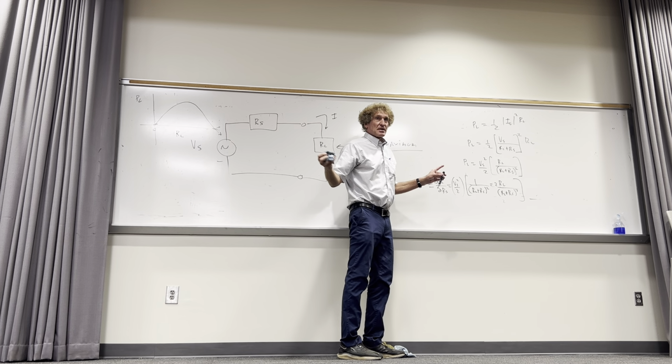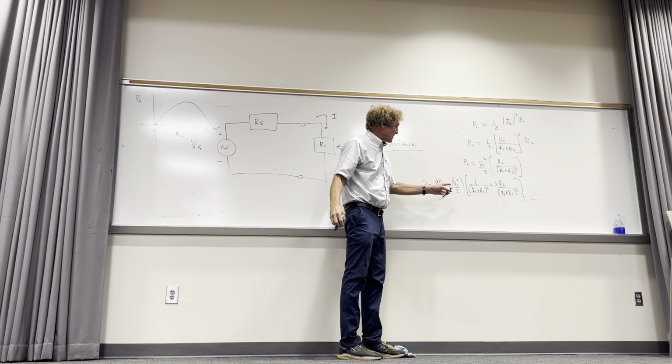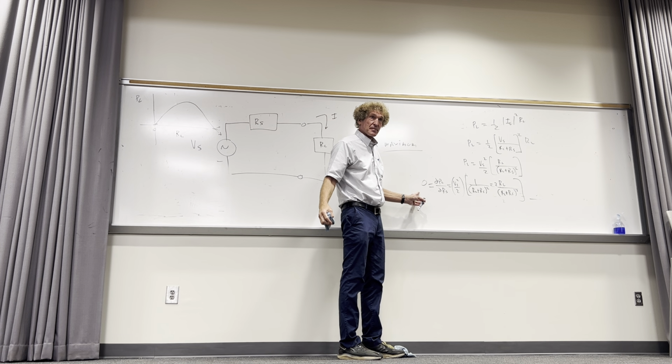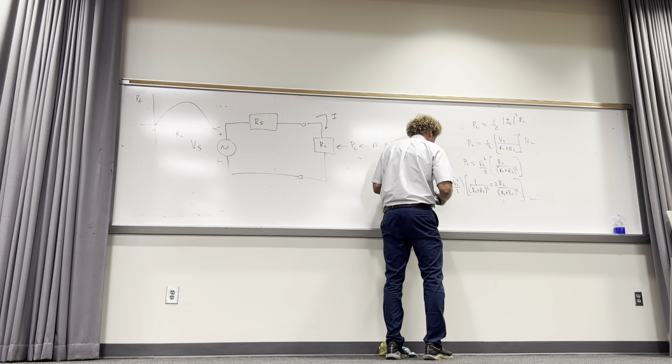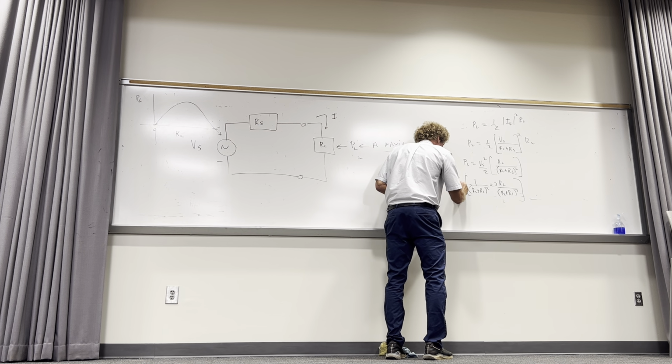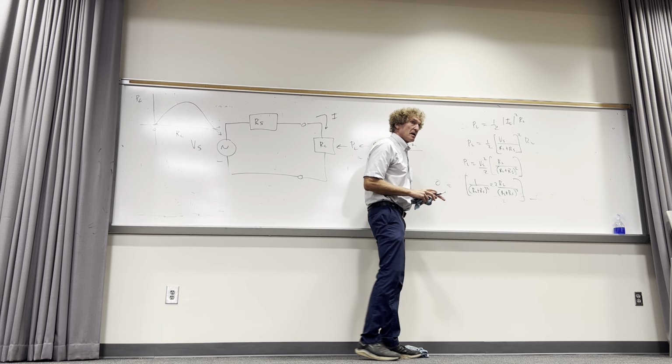Now, I'm just going to say it simply. Do you all agree that if we multiply both sides by 2 over Vs squared, we can get rid of that because there's a 0 on this side? Matter of fact, since this is 0 on this side, I can get rid of this, right?